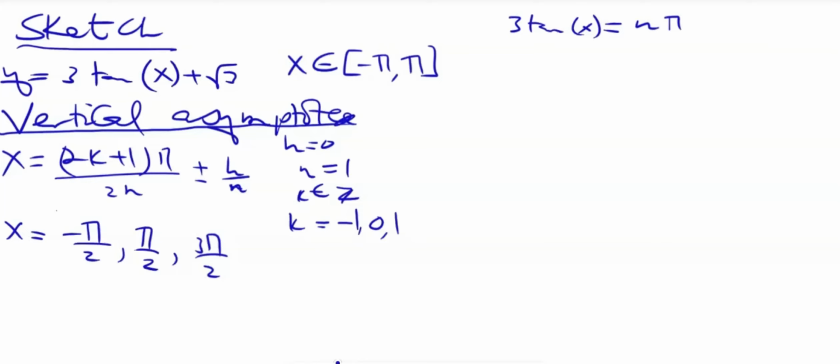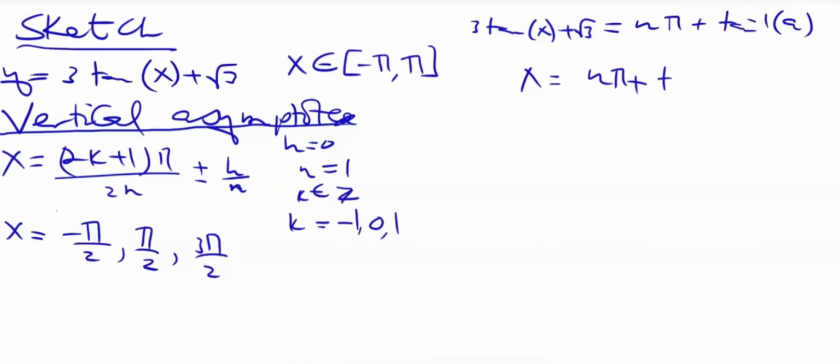So it's n pi, not 2n pi, tan inverse. My x value should be n pi plus tan inverse of negative square root 3 over 3.